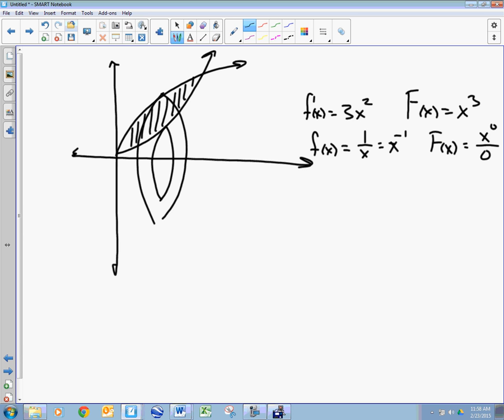X is 0 over 0? Is that what you're going to do? Can't divide by 0. Do you remember from first semester what you take the derivative of to get 1 over x? Natural log.